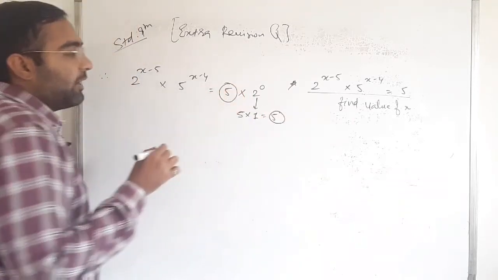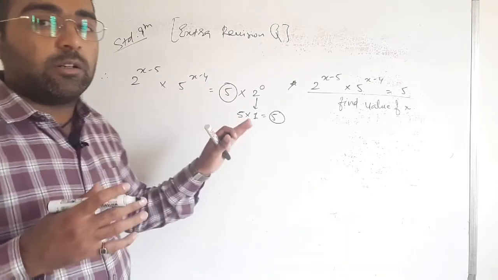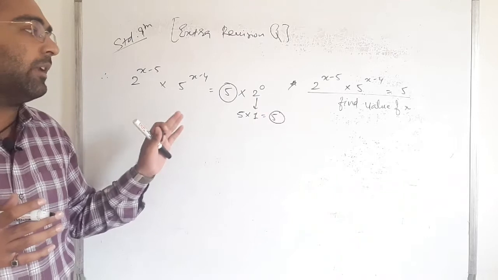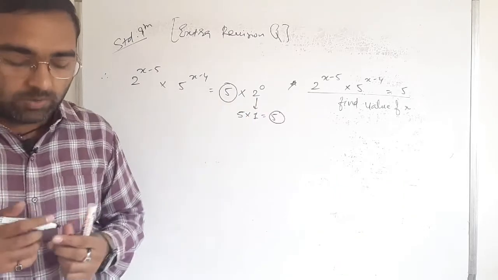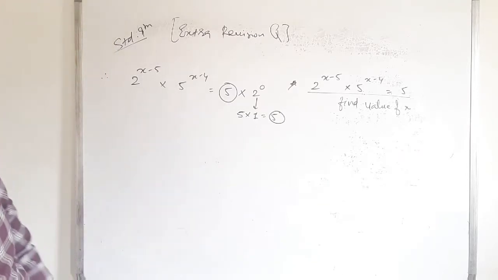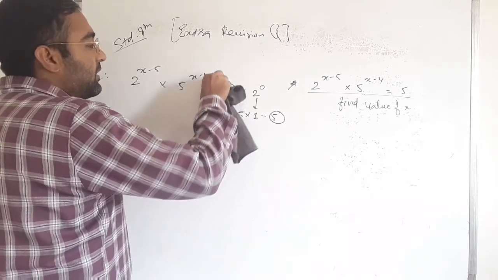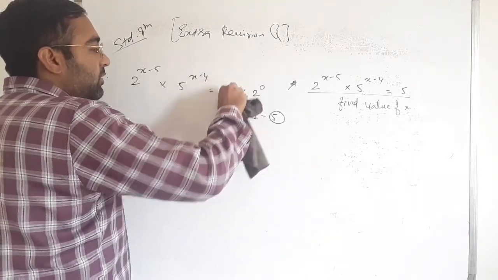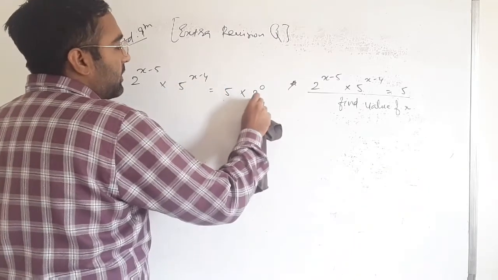I'll not change the question, but I'll write one part that forms the same base. I am not changing the question, but I am changing its structure to make equal bases. Clear that?